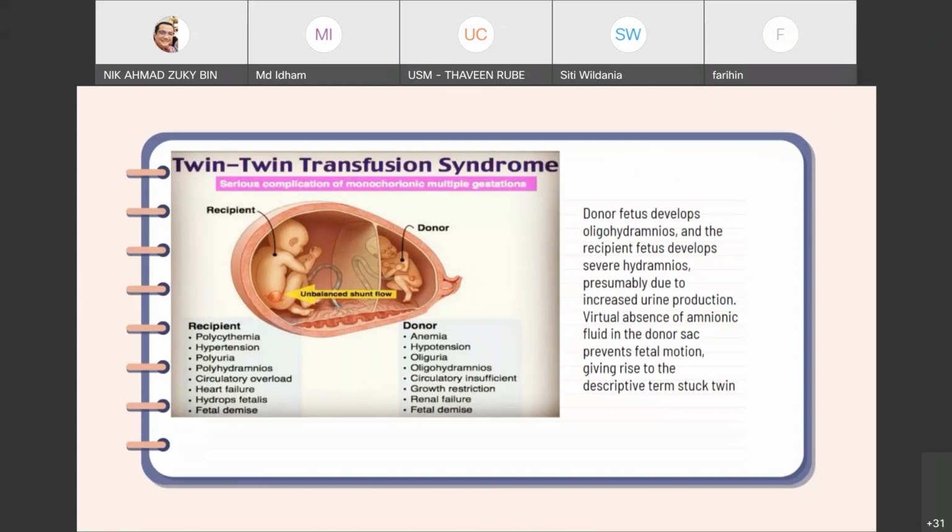The hand and the leg are stuck there. Why? Because there is no liquor and the co-twin has polyhydramnios. The amniotic fluid is pushing the baby, giving pressure to the baby, even though they are in the same uterus, being pushed by the polyhydramnios.